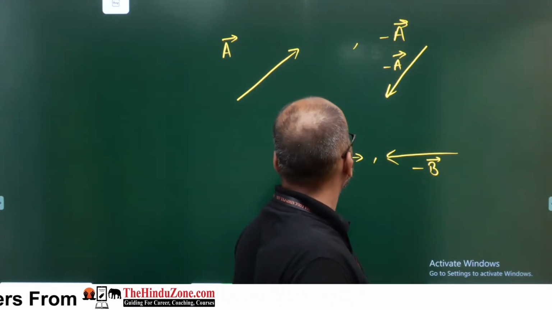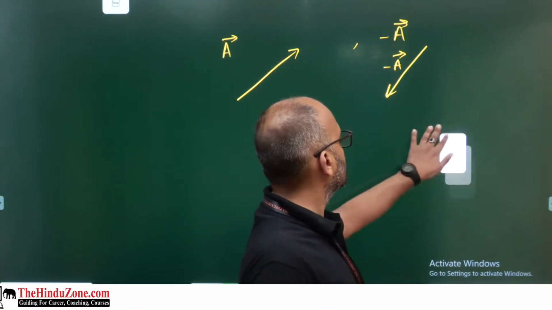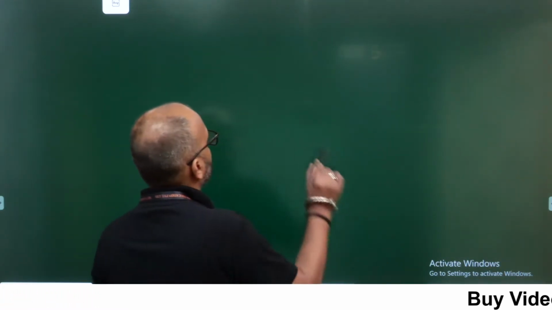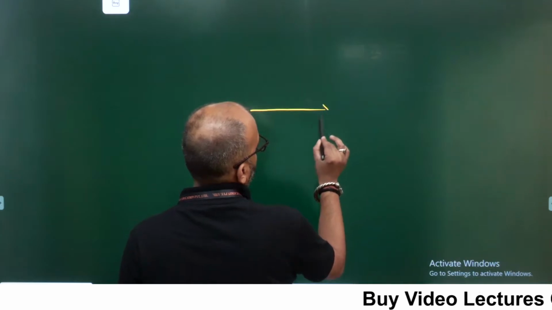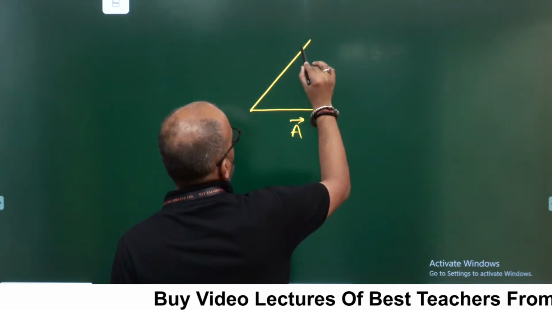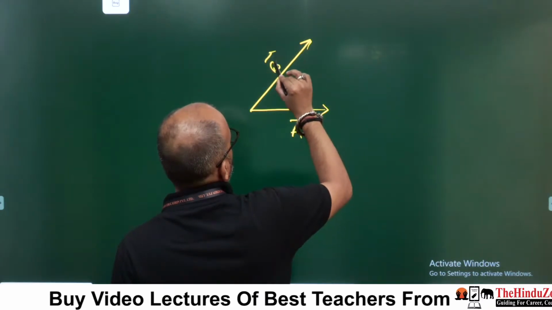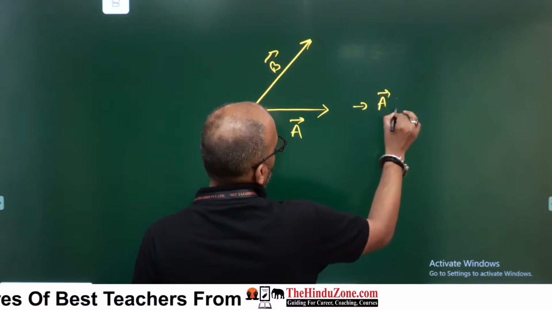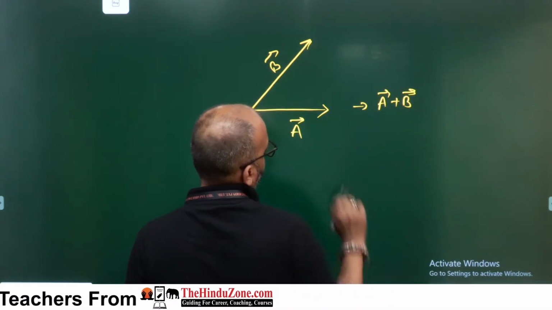Okay. Now suppose these are two vectors, vector A and vector B. So you can easily find vector A plus B, yes or no?